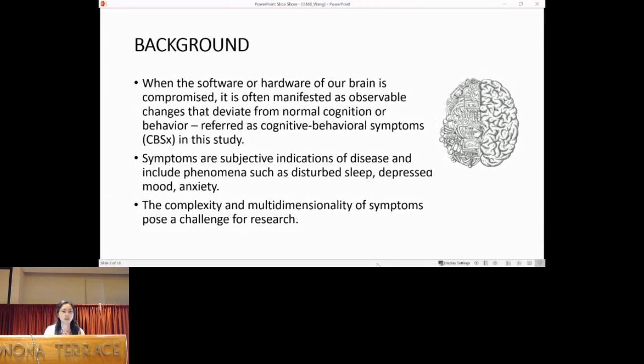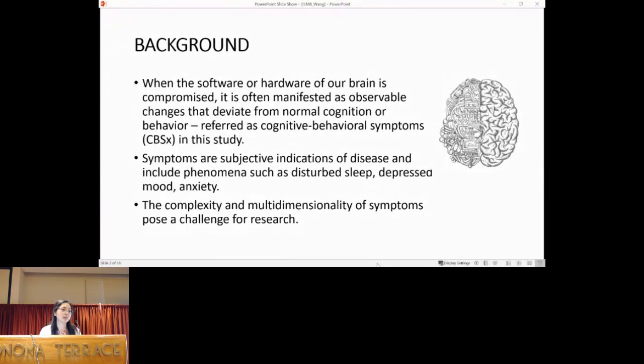So we know that the human brain is much more complex than any computing machine that has ever existed. So it's also a host of the software that we call humanity.